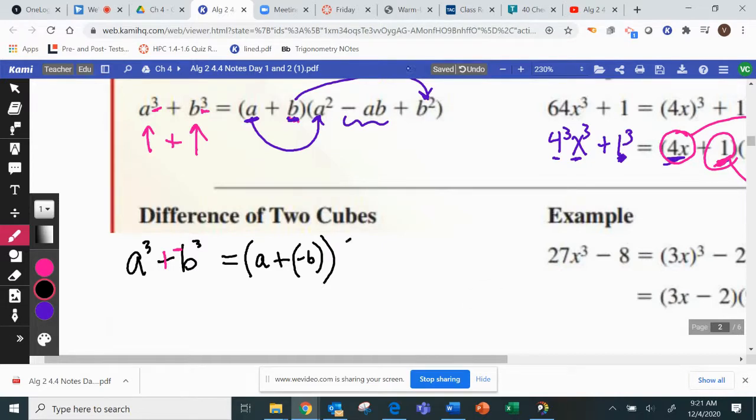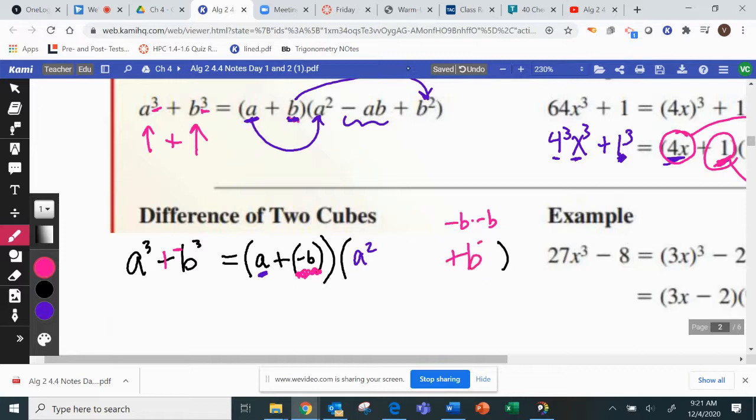That's my first parenthesis. My second parenthesis, I have to take my first number, which is a, and I have to multiply it by itself. What's a times a? A squared, right? Okay, and then the last number in the parenthesis is this one times by itself. So what's negative b times negative b?